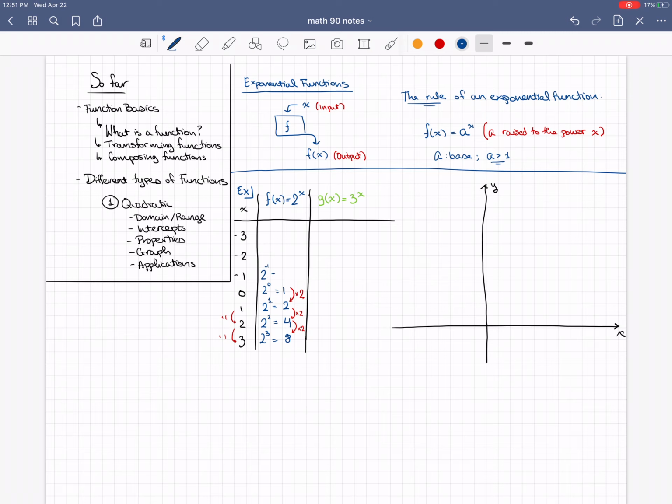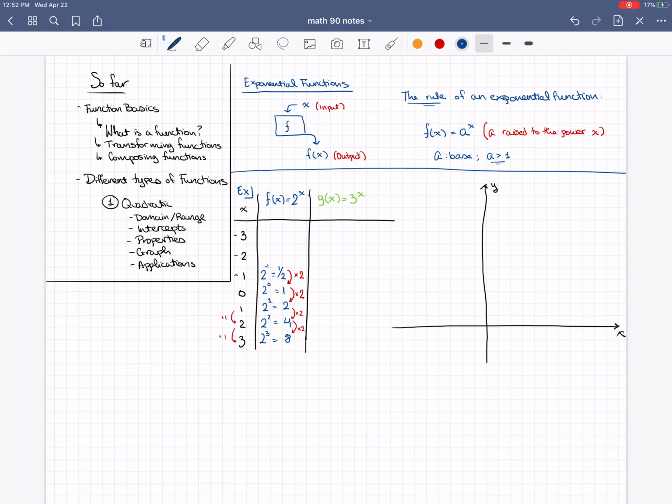Same thing for 2 to the negative first power. Some of you might remember this from your past work with exponents. But if you're confused by it or you don't remember it, 2 to the negative first is whatever you would double to get 1. What would you double to get 1?